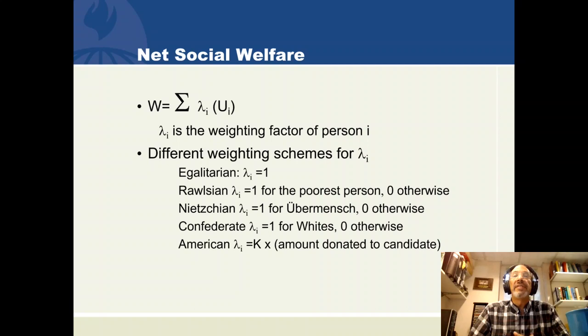In the Confederacy, the well-being of African Americans was 0 in this weighting scheme, and only the well-being of whites mattered in how they approached maximizing social welfare.